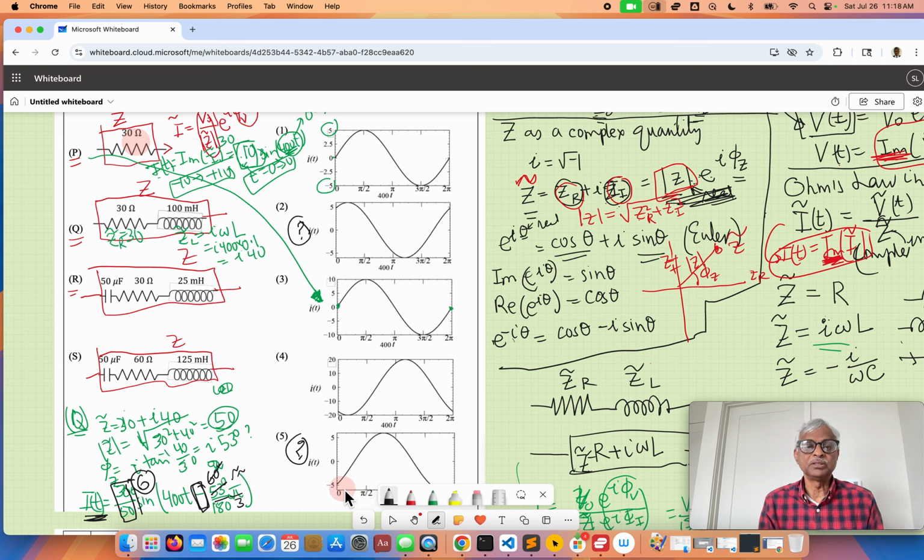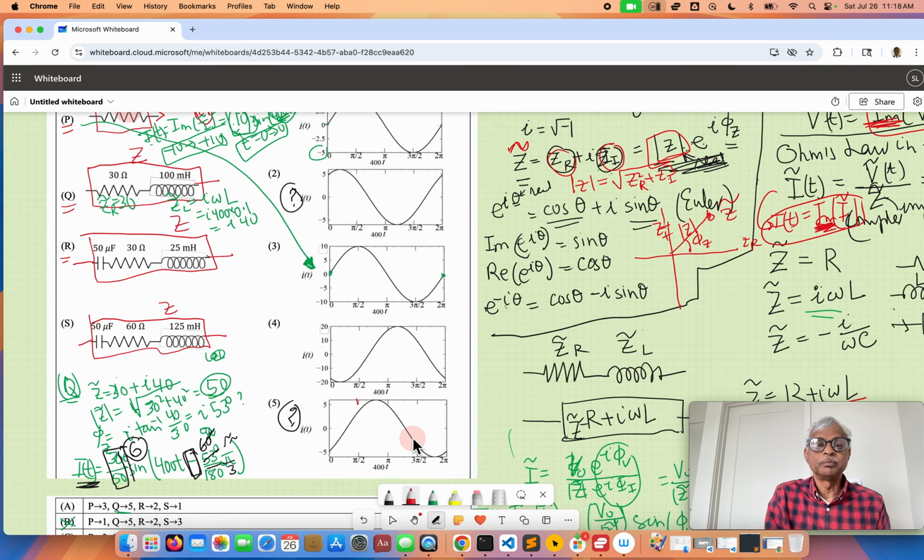Okay, so this one, if I just plot the voltage here, let me just, for the reference sake, because this part without this is the voltage.